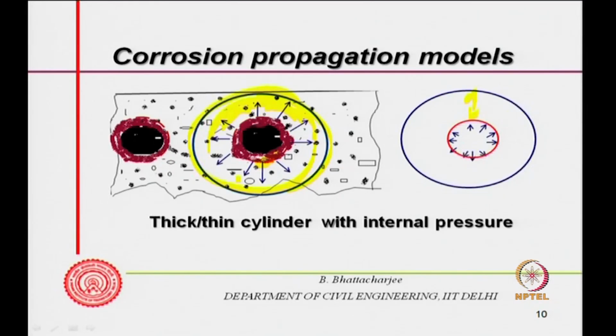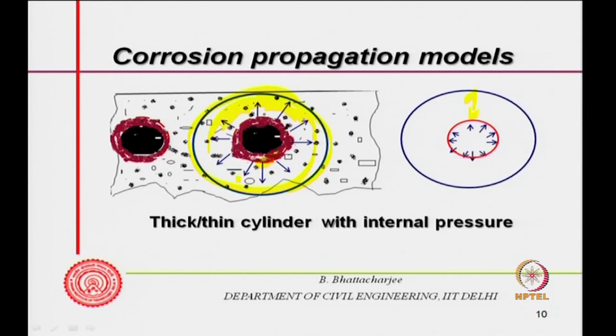But one can actually do finite element modeling for the complete thing and then arrive at the time, but there are a lot of uncertainties involved in such modeling: material properties, the interfacial properties, the porosity in the interface between the steel bar and the concrete, because some rust product will get accumulated there, so pressure may not increase.